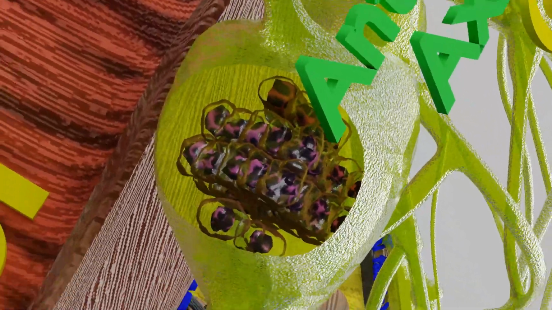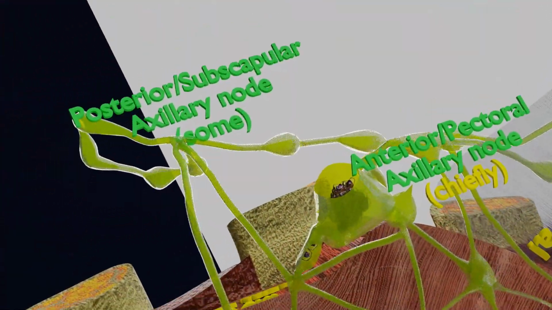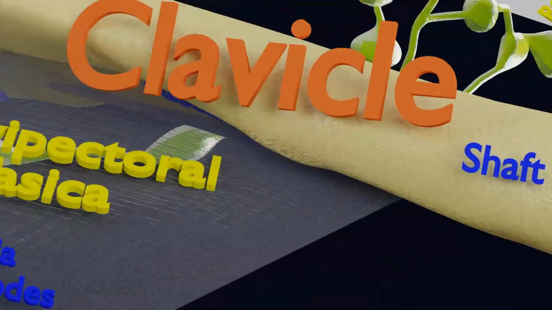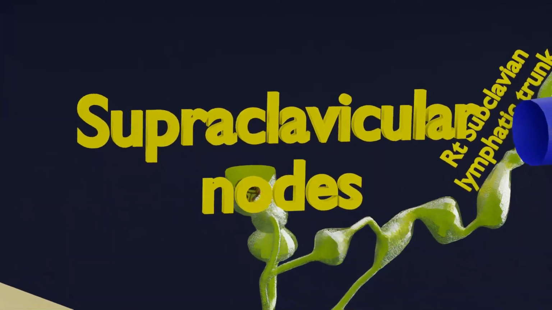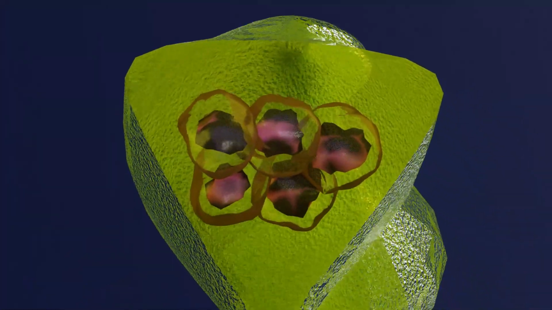Here you see the cancer cells involving one of the anterior axillary nodes. Spread beyond the axillary node into supraclavicular and cervical nodes is evidence of advanced disease. The supraclavicular nodes receive the breast lymphatics through the apical group of axillary nodes.